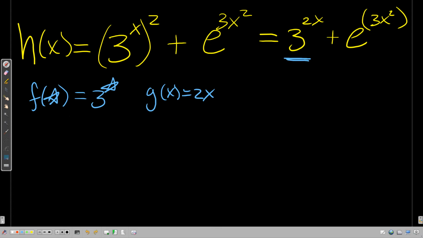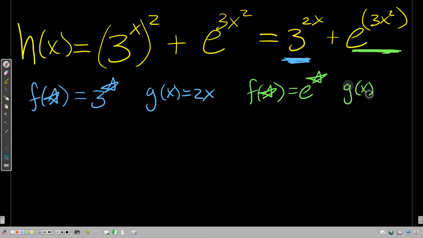I'll underline it in blue so that the colors correspond. This one here has an f of star, which is e to the star, and it has a g of x, which is 3x squared.